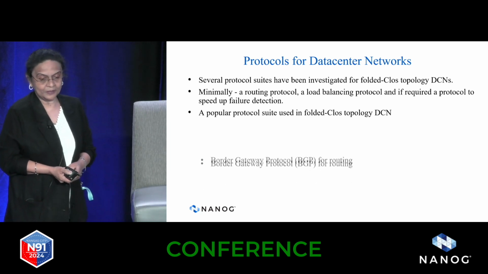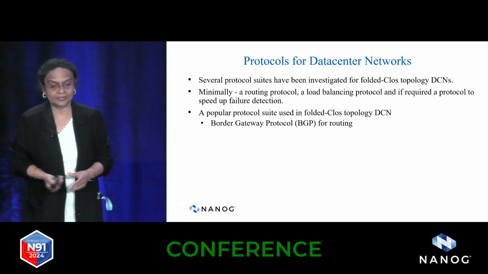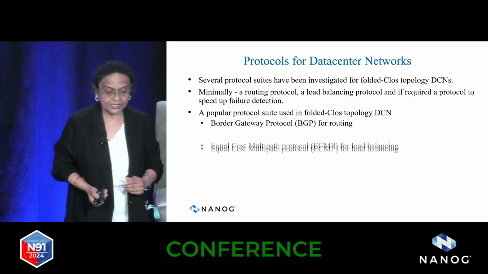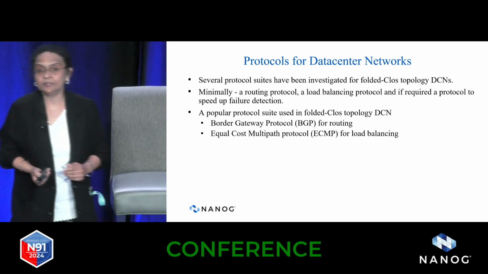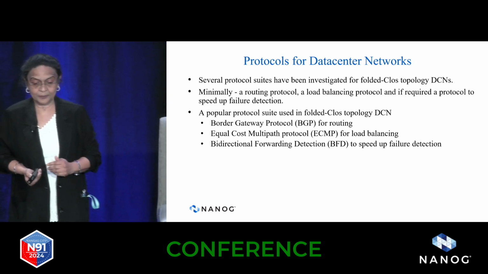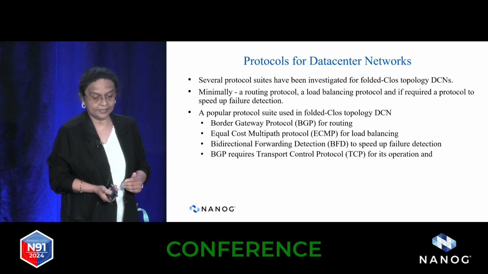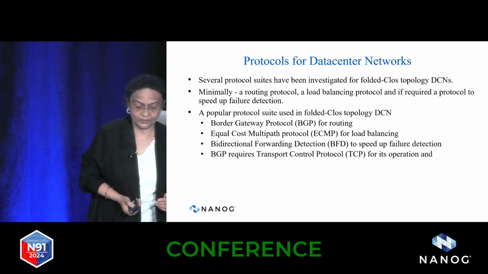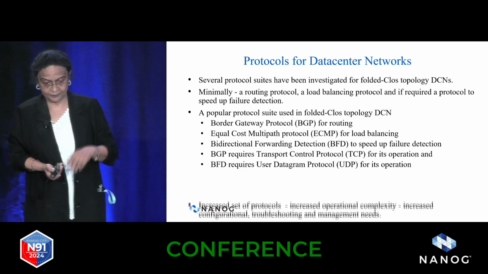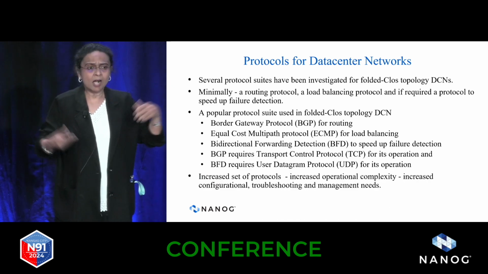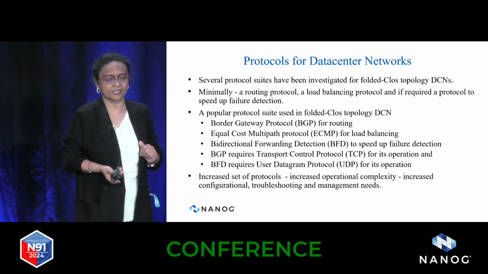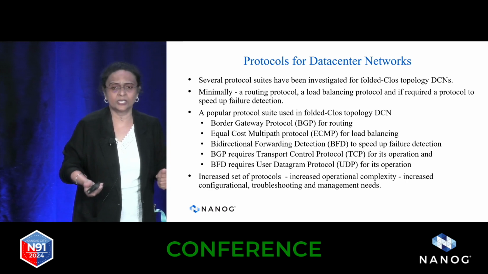Okay, so the popular protocol suite, as I already mentioned, is Border Gateway Protocol for routing, ECMP for load balancing, and BFD for speeding up failure detection. BGP requires TCP for its operation, and BFD requires UDP for its operation. Now you throw all these protocols on top of a data center network router.